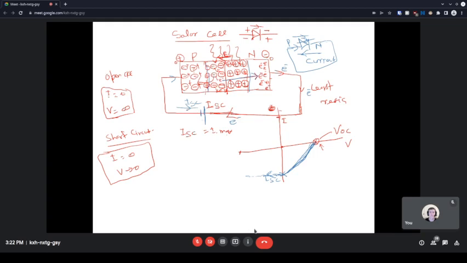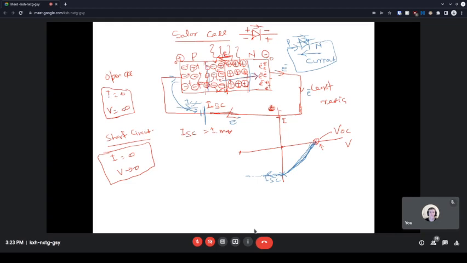Whatever holes are created here, they are just going to be taken by these lower potentials. And whatever electrons are here, they are going to be absorbed by these higher potentials. So the currents are not going to be changed.